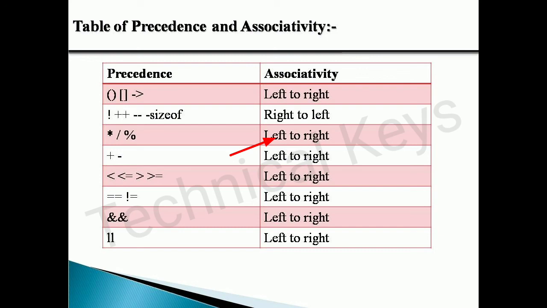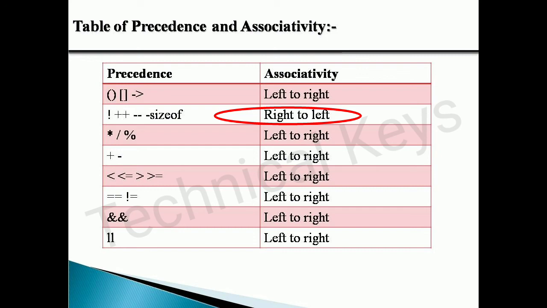If you observe, almost everything has the associativity left to right. Only this second row has an associativity of right to left. This means from this group, if I have two or three operators in my equation at a time, then whichever operator is on the right-hand side, I have to perform first, and then it goes on till the left-hand side.